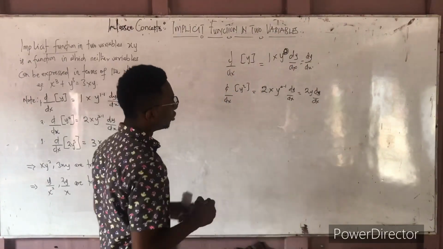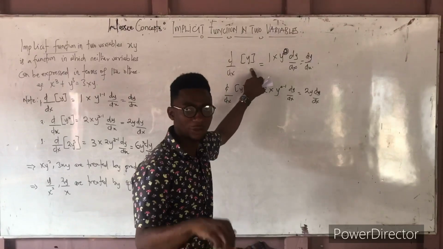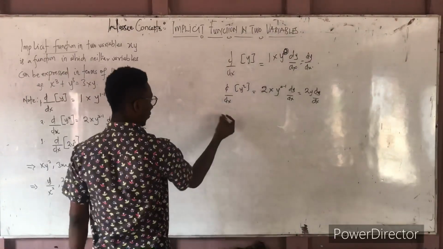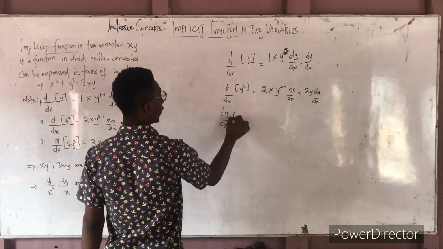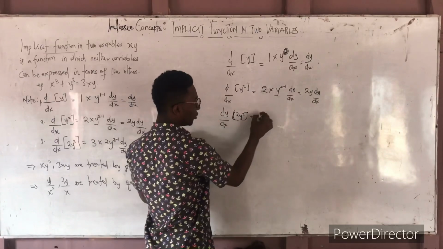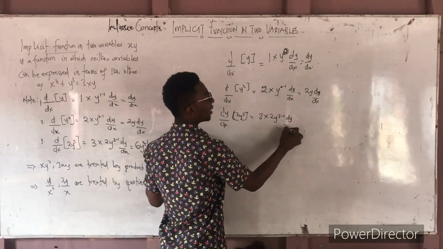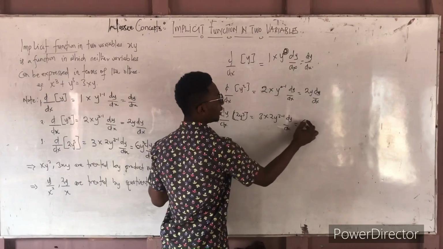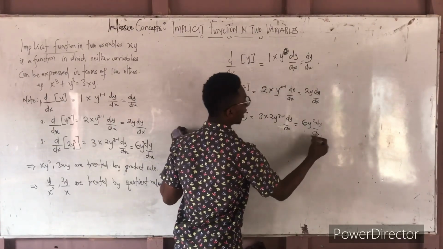In terms of y, that is how we find the derivative of y with respect to x for an implicit function. The same way, dy dx of 2y cubed becomes 3 times 2y to the power 3 minus 1, dy dx, which becomes 6y squared dy dx.